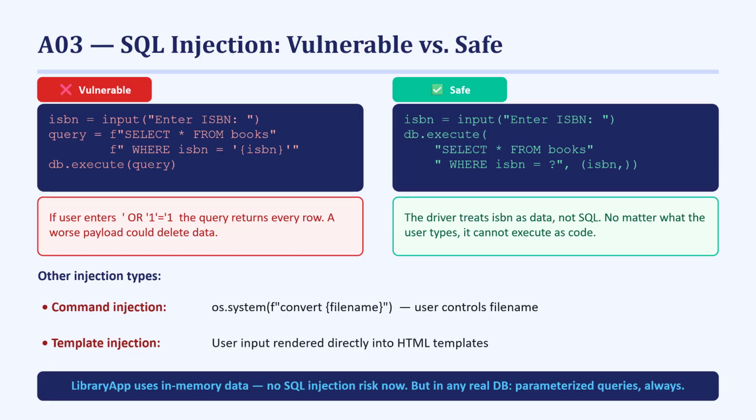So we can see this vulnerable Python query here. If the user enters something like 1 equals 1, you can see the example there, the query is then going to change and return every book in the database. And with a more malicious input, the attacker could delete data, extract credentials, or gain access to information they should not have had access to.